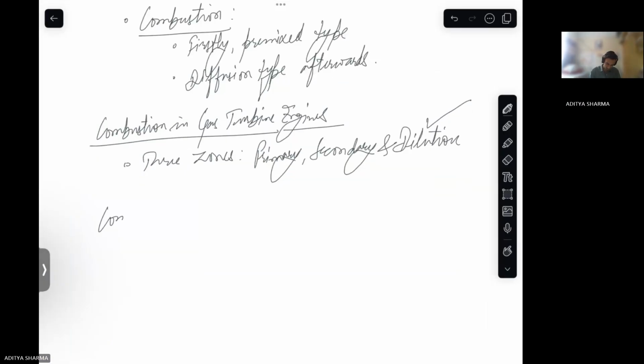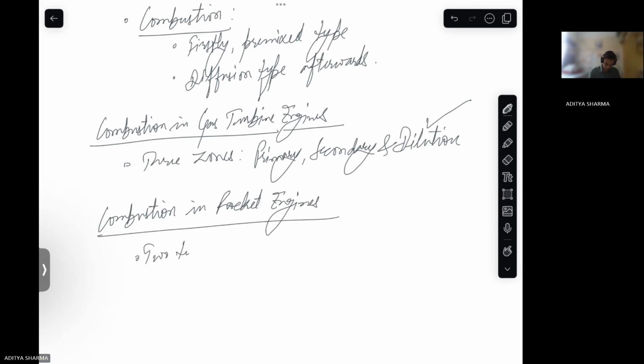Two types: one is pressure fed, another is pump fed.